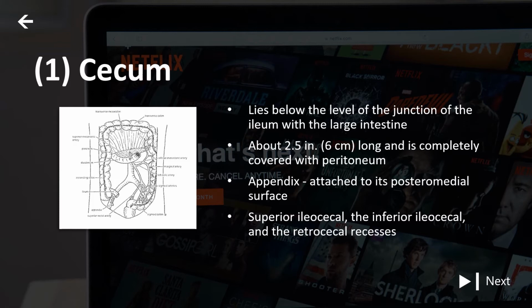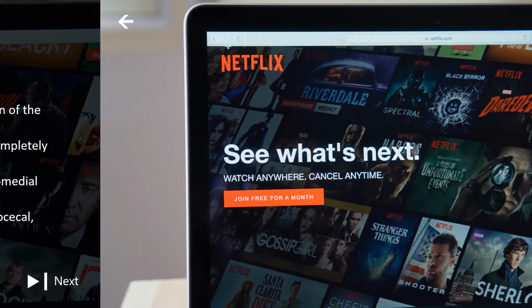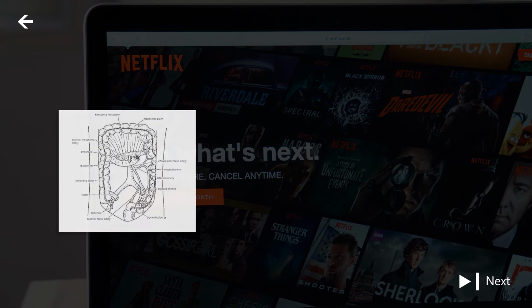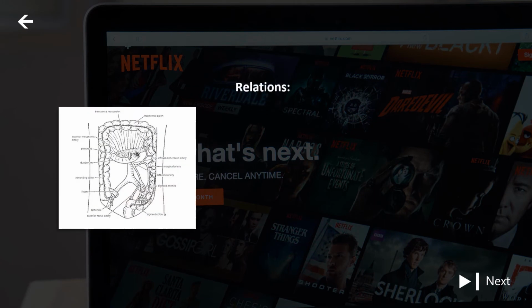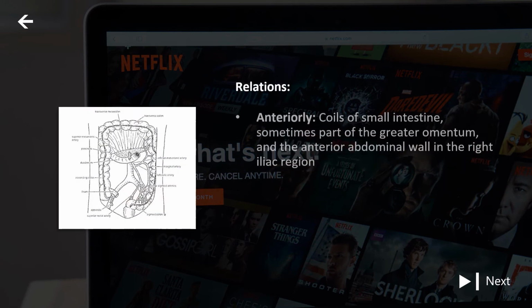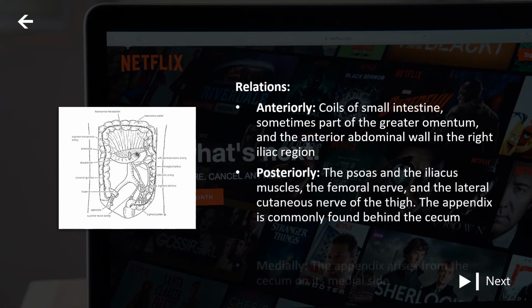The appendix is attached to its posteromedial surface. The presence of peritoneal folds in the vicinity of the cecum creates the superior ileocecal, the inferior ileocecal, and the retrocecal recesses. So as you can see, these are the relations of the cecum anteriorly, posteriorly, and medially.